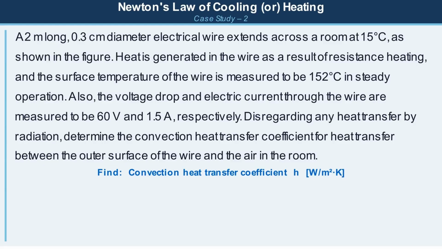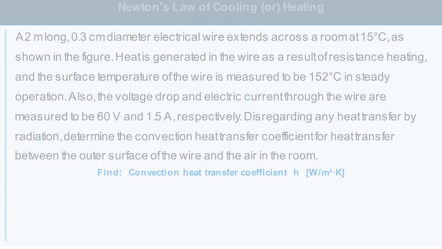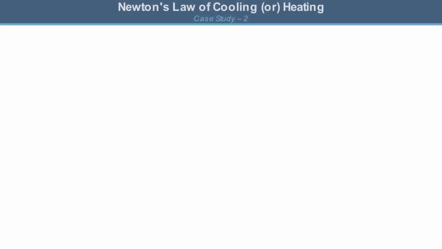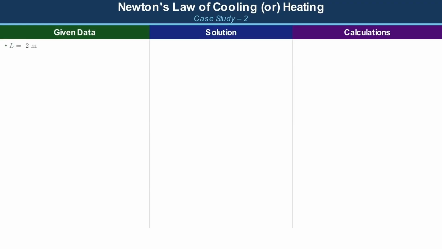The question asks us to find the convection heat transfer coefficient, H, expressed in watts per square meter per Kelvin. Let us now solve this step by step. The length of the wire, L, is 2 meters. The diameter, d, is 0.003 meters, which is the same as 0.3 centimeters. The ambient air temperature, T infinity, is 15 degrees Celsius.